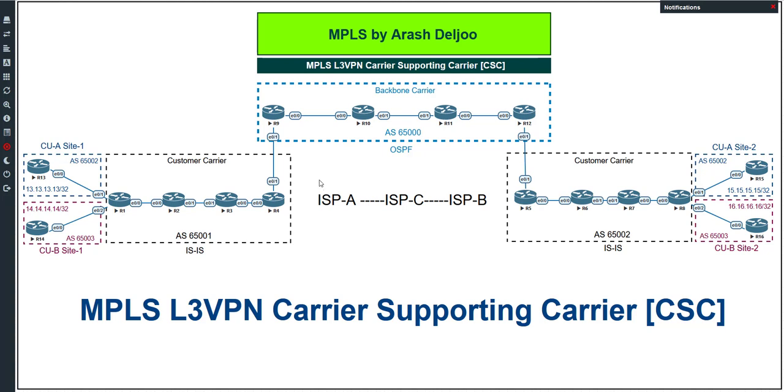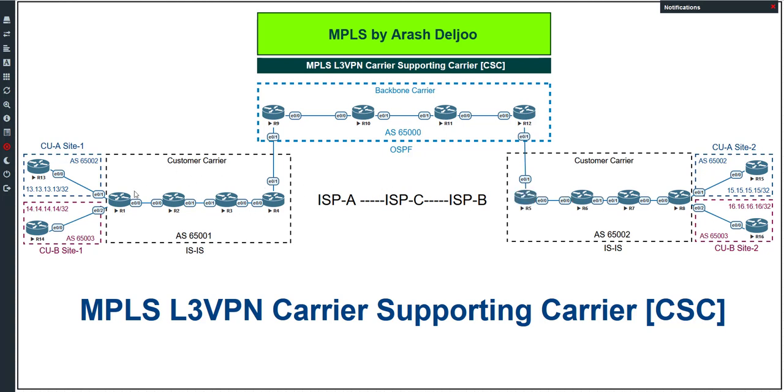In normal scenarios, we have a service provider and, for example, two customer sites. Here we have the same condition. This backbone carrier treats the customer carriers as its customers, and R4 is the CE for the backbone carrier. You can configure the backbone carrier and also these two customer carriers.